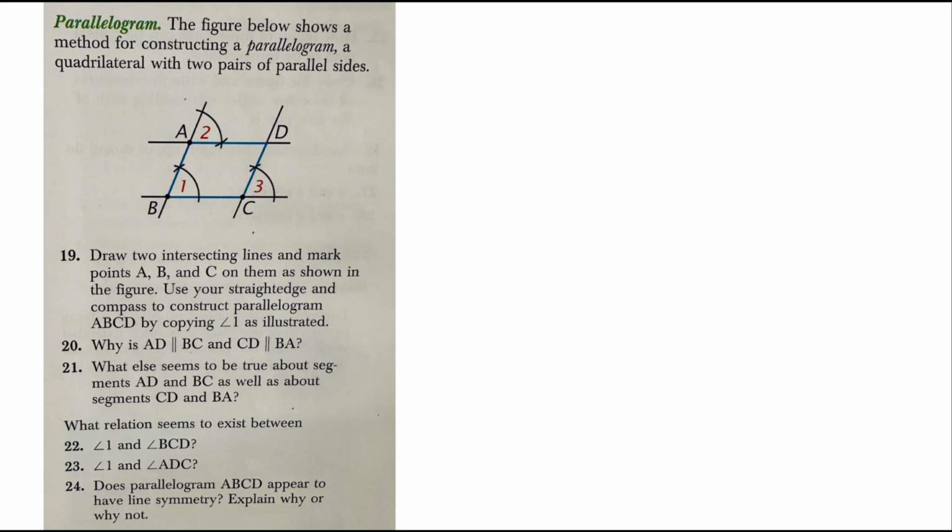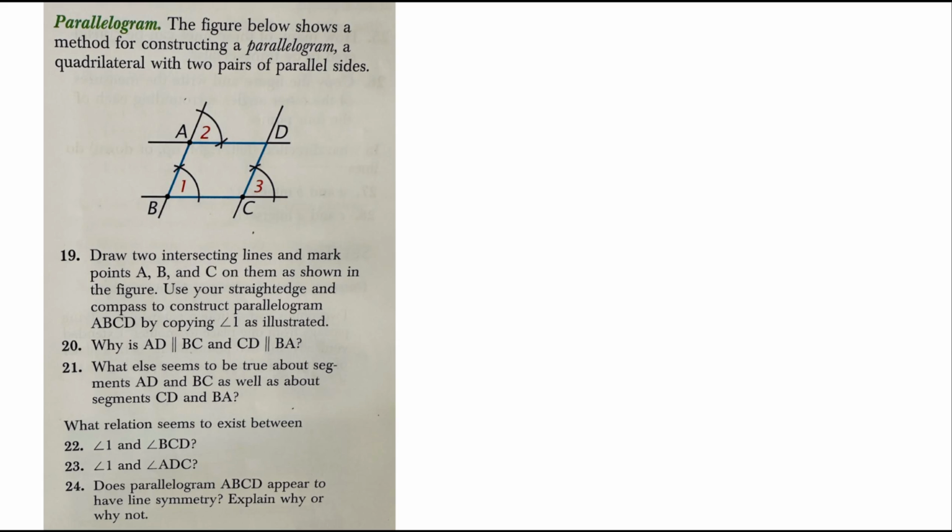Then you're going to draw point A, just like we did on our construction for point P. You're going to draw point B next, and then you're going to copy angle B at angle A. You understand this?